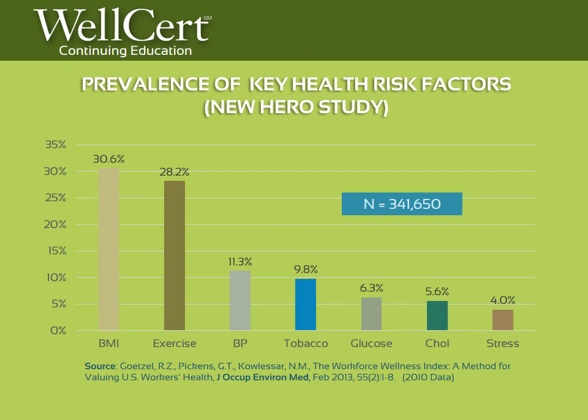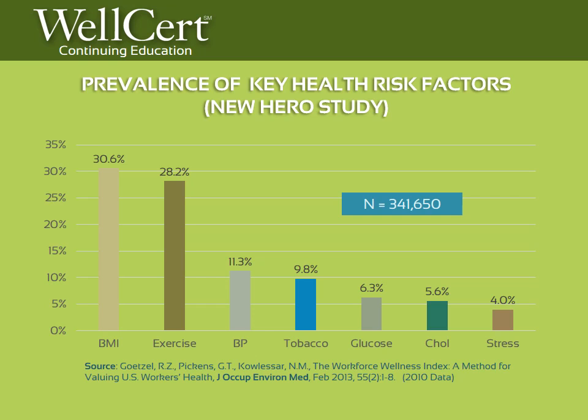Now, this particular graphic shows you the prevalence of key health risk factors. So we've backed off of the larger cost perspective to then look at some of the large-scale evidence. This is with 341,000 people, employees, and it's basically the new HERO study results. And it just shows you the percentage of the people examined in this 341,000 population that had the various health risk. So it starts out with body mass index.